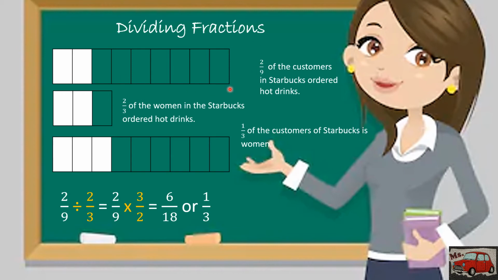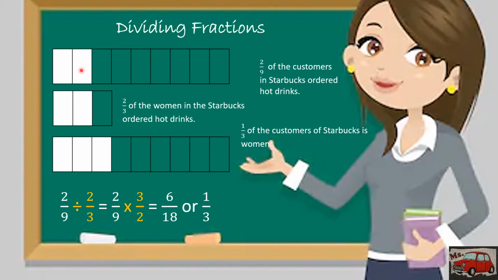Alright? So, alam na natin yung fraction ng umorder ng hot drink sa buong Starbucks. The question now is, ano yung fraction ng grupo ng kababaihan sa buong Starbucks? So, kung mapapansin nyo, pag pinagdikit nyo yan, ito lang yung grupo ng kababaihan, 'di ba? So, anong fraction to sa buong Starbucks?